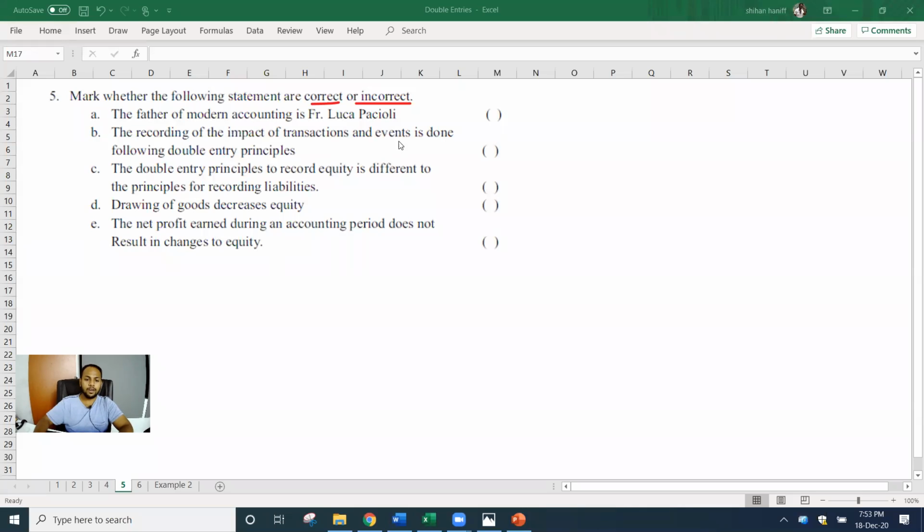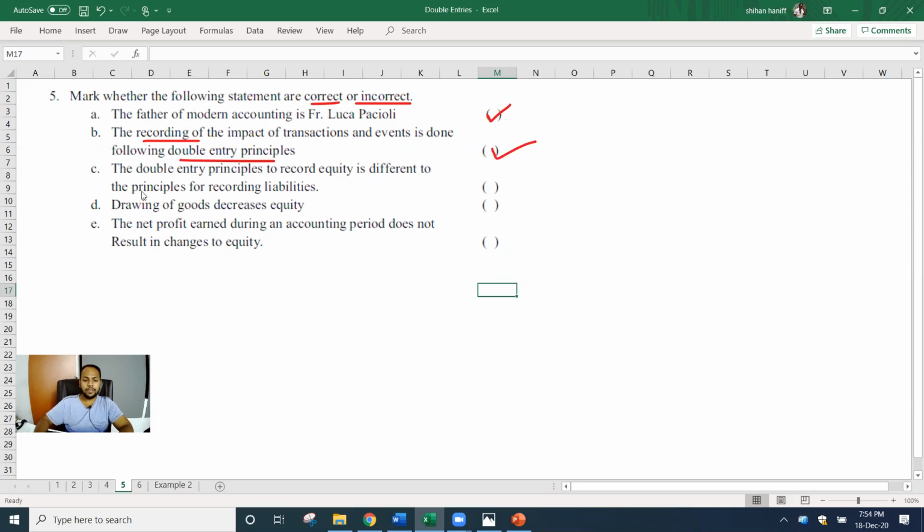Yes, that is correct. B. Recording of the impact of transactions and events is done following the double entry principle. Yes, it is also correct, because when you are recording, you use the double entry system.